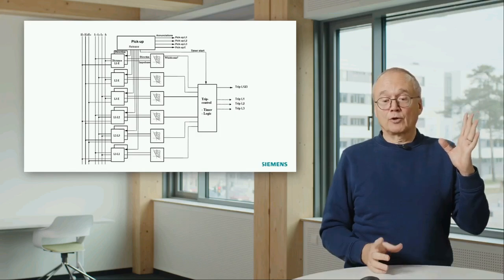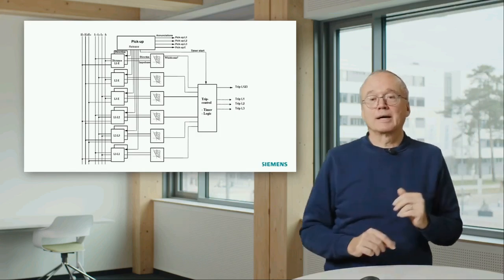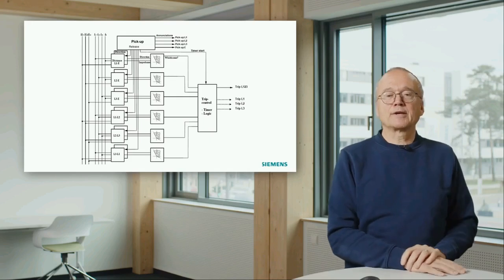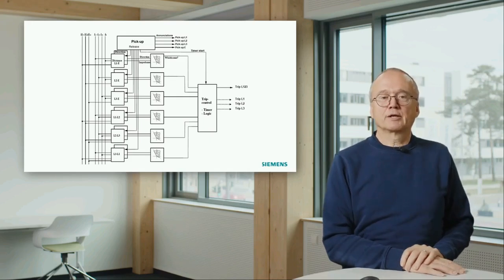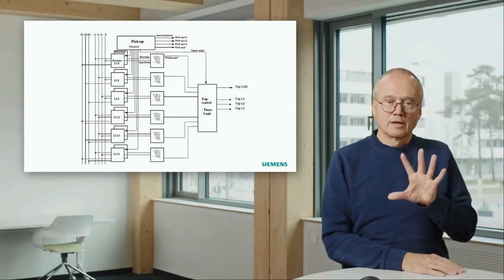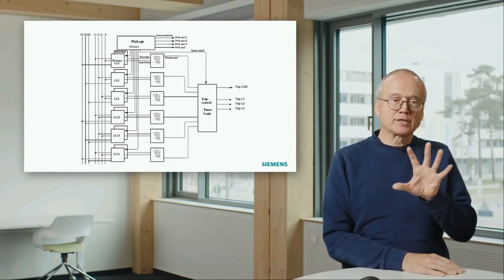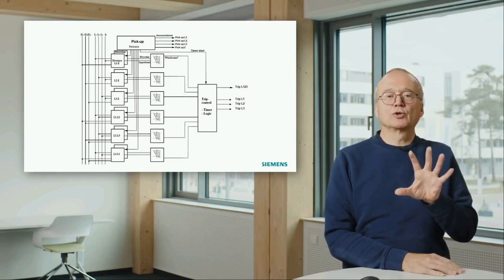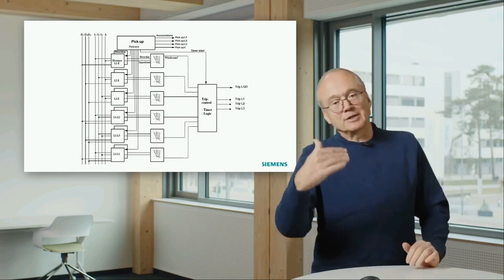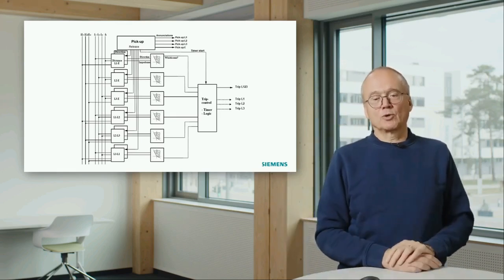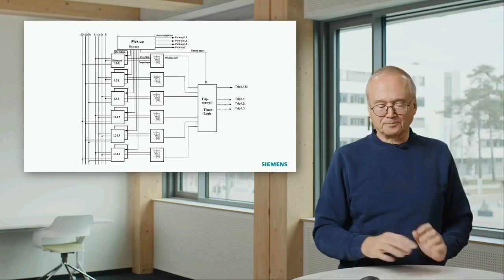Phase 2 to ground fault, and then you give a trip command only to phase 2 of the breaker. That means protection relays which are able to do single pole auto reclose have, in addition to the 3-pole trip, also single pole trip commands.